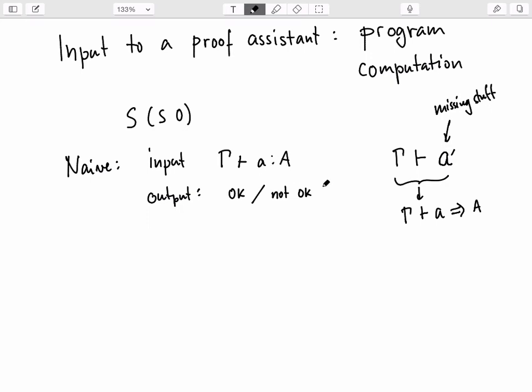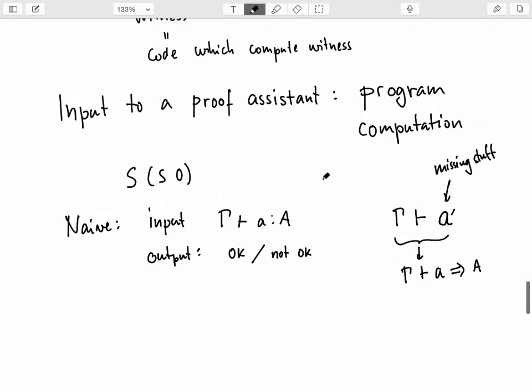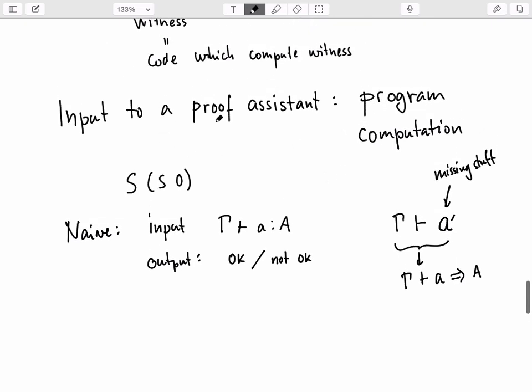So I think a more realistic view is that what the proof assistant accepts is not directly the term that you're trying to check. It's something that comes before the term, a computation, and when I run it, it will give me the judgment. And then I may actually find out what judgment it was, but I hope to write code which doesn't trick me.